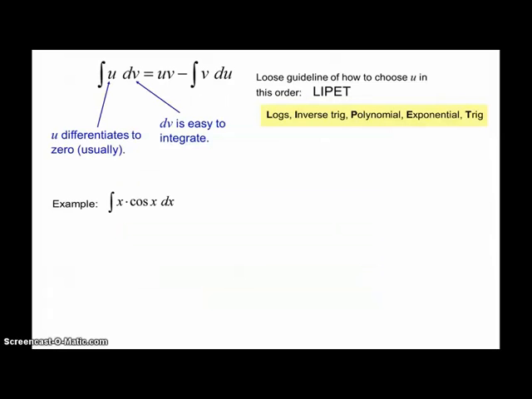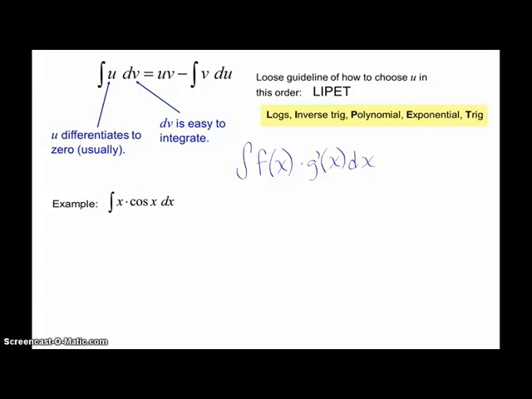Now, there's one more thing we need to talk about for integration by parts, and that is how we find all of those pieces. We're going to start out with two functions. We're going to call one of those functions f of x. We're going to call the other function the derivative of some other function g.